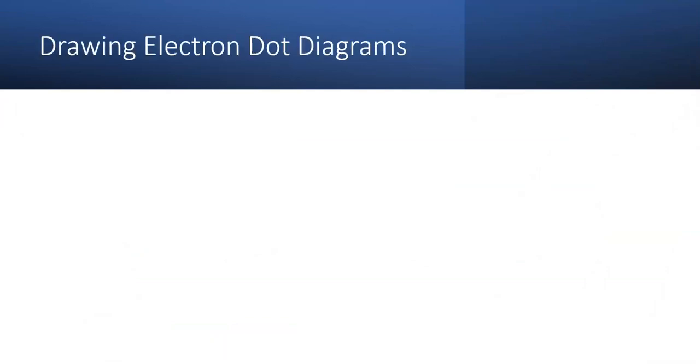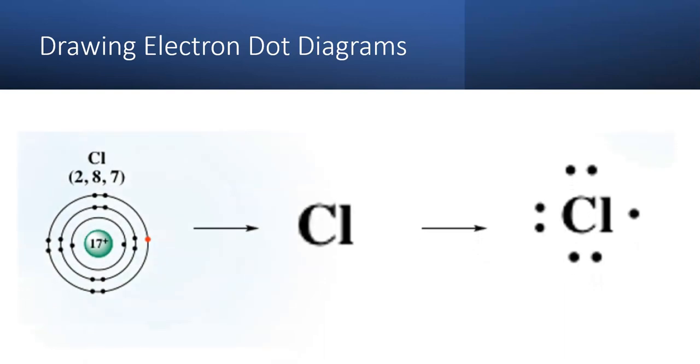So when we've got covalent compounds, we quite often draw them as electron dot diagrams. So rather than drawing them like these with all the valence shells and dots, what we do is we just draw the valence shell. So we write the chemical symbol, so this is chlorine, and then we put the dots around representing the valence shell.